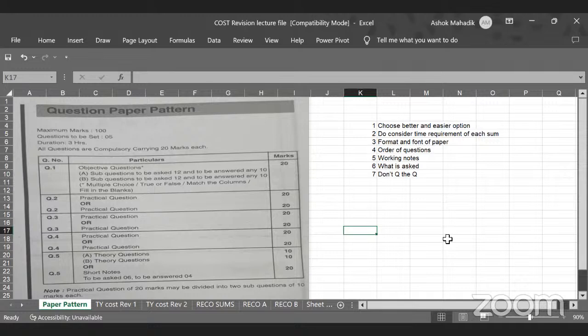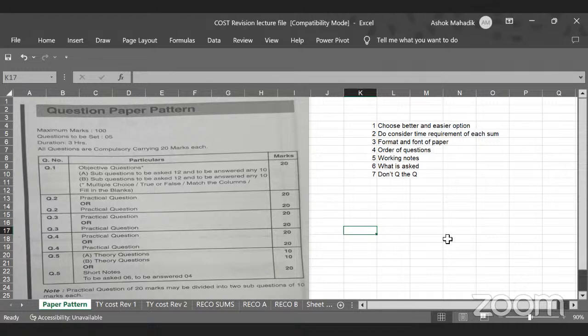Then question 2 will have internal choice. This question will have a cost sheet, and against that you can have another cost sheet or profit reconciliation statement or material cost. You can expect a cost sheet sum or profit reconciliation sum or material cost.